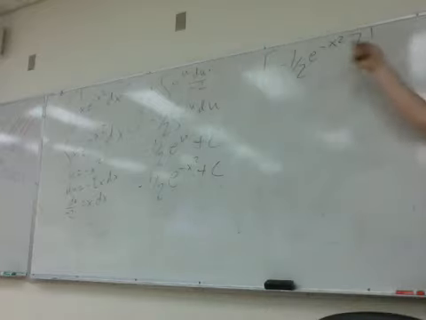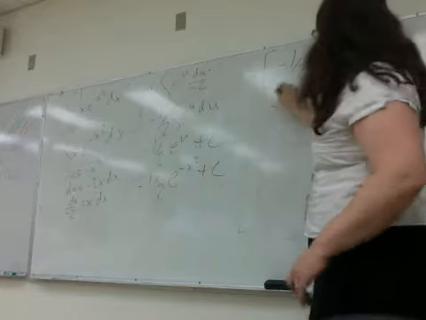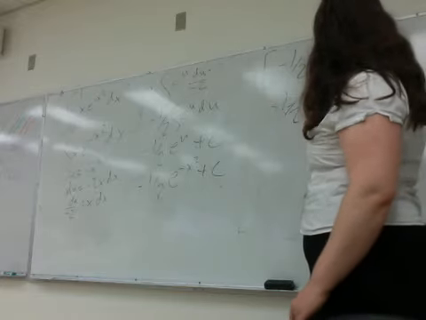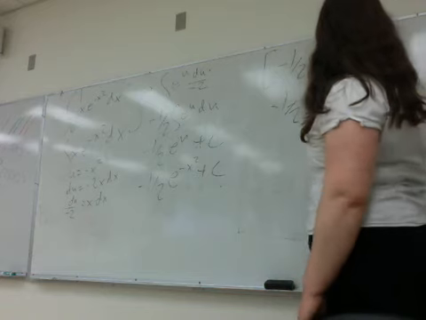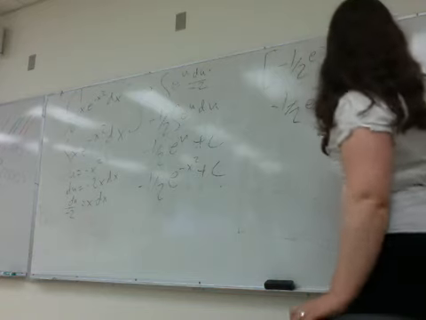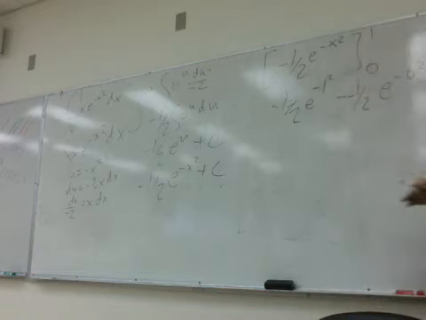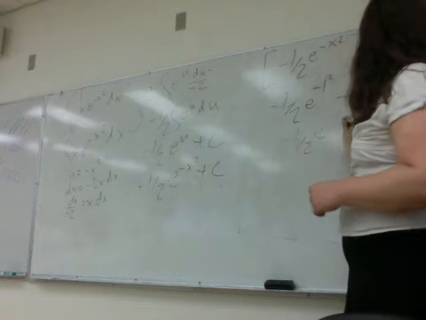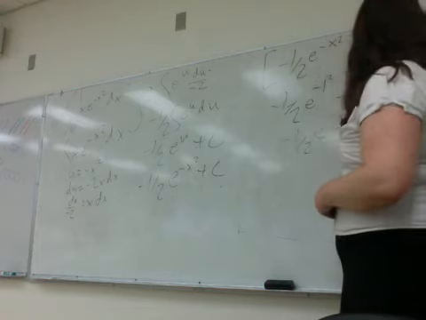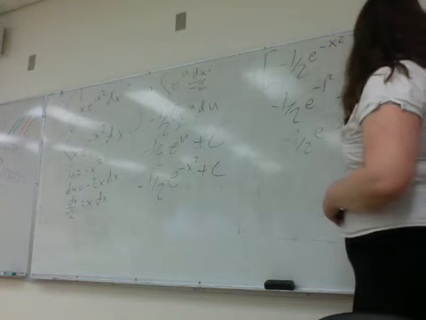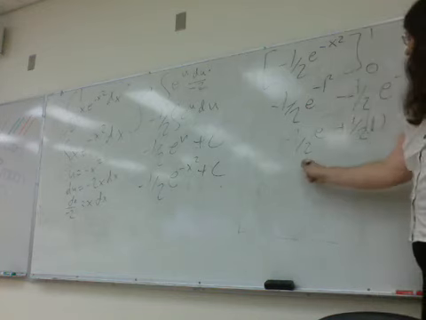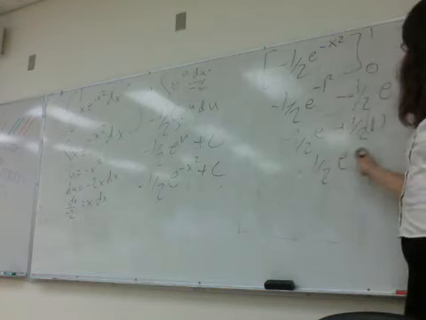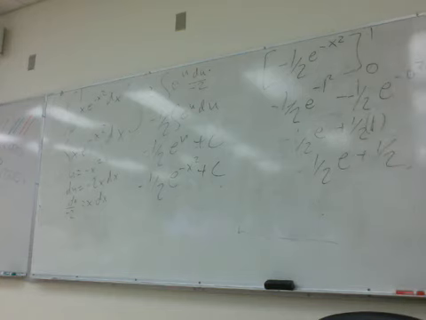And now I can plug in the limits of integration. So negative 1/2 e to the negative 1 squared minus negative 1/2 e to the negative 0 squared. This is negative 1/2 e, since negative 1 squared is 1, plus 1/2, since e to the 0 is 1. So it's negative 1/2 e plus 1/2.